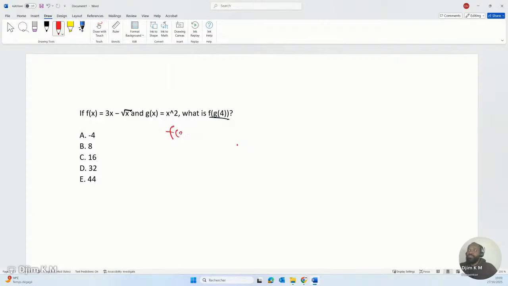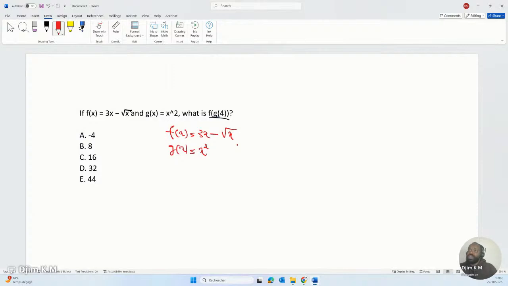So we have f(x) is this minus, okay, and g(x) is equal to x squared.